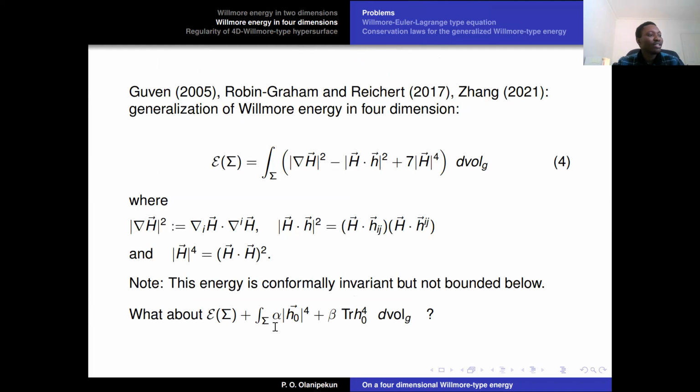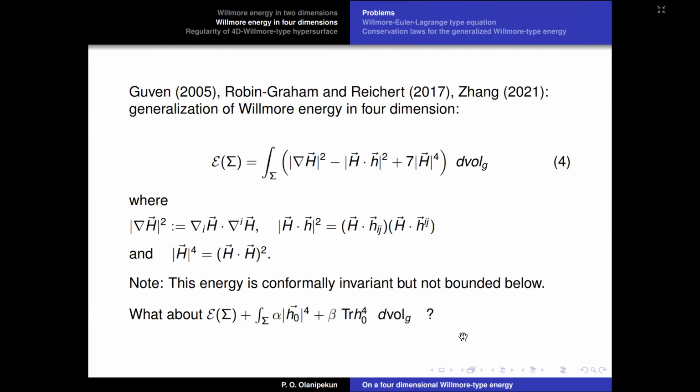But if you added these two energies, you would get a positive energy. Sure. But then you would lose the fact that minimal surfaces are critical points. That's what we're trying to avoid, because how would you study an energy that you don't even have examples for?